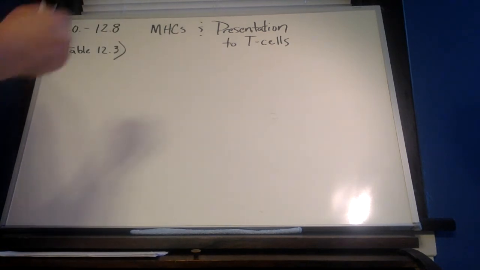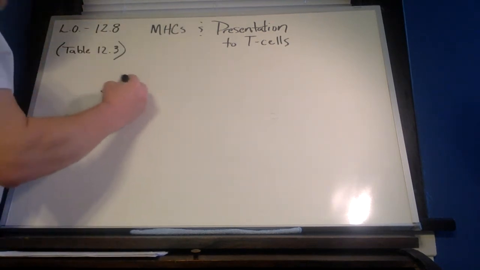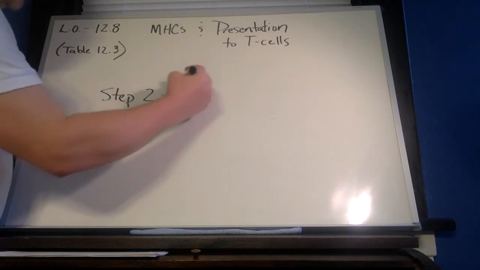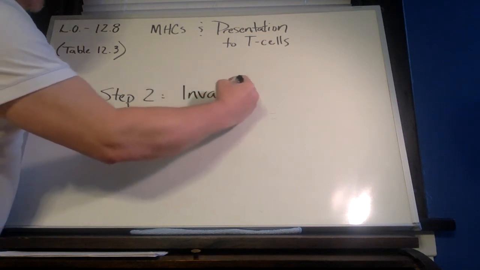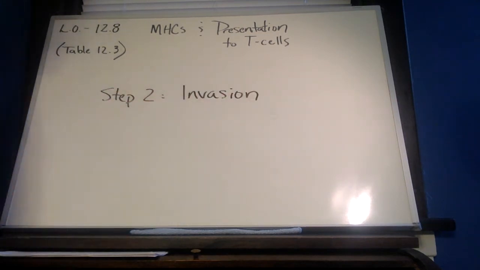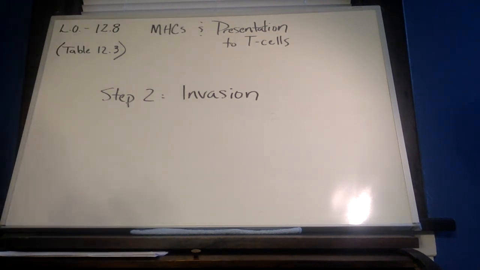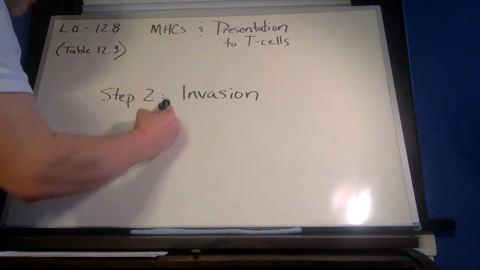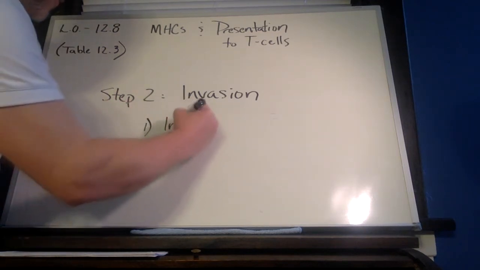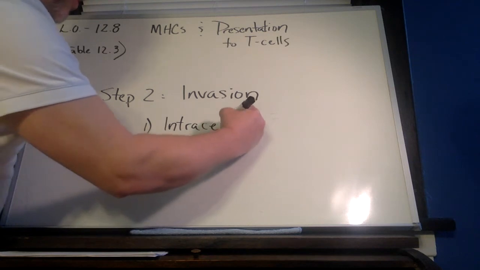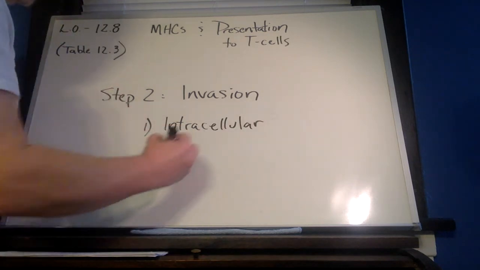If you remember, step 2 of the infection process is invasion. And in the handout that I gave you, there are two different ways that pathogens can exist in your cells. One of those ways it can exist is in an intracellular life cycle.